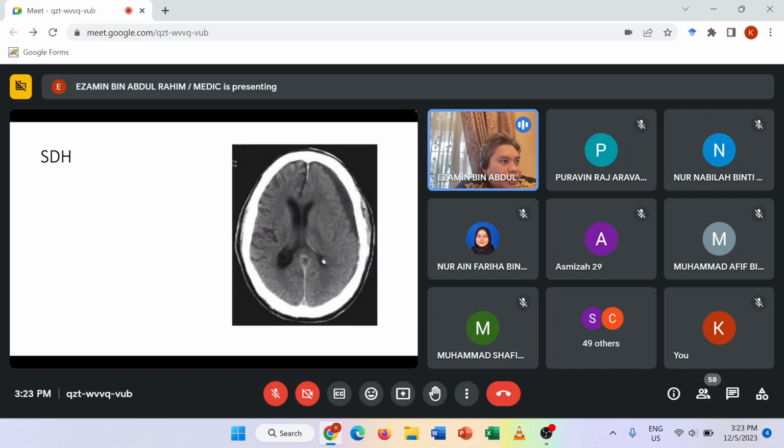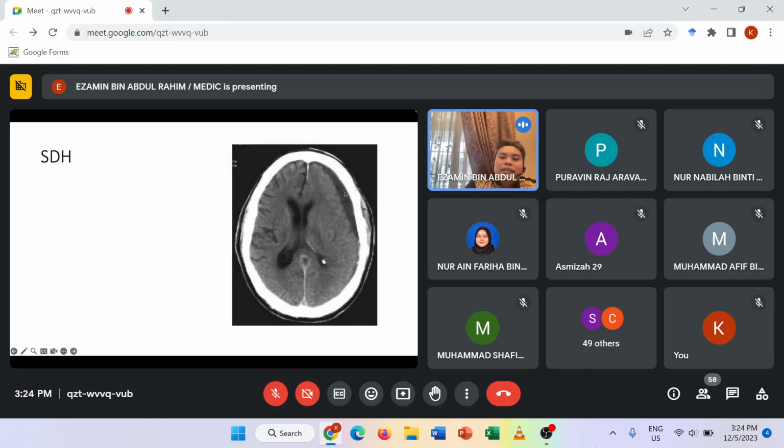Subdural bleed we can sometimes see in NAI, non-accidental injury, usually in pediatric patients, meaning the child is being abused. Subdural bleed happens when the vein gets injured, and also in elderly people.